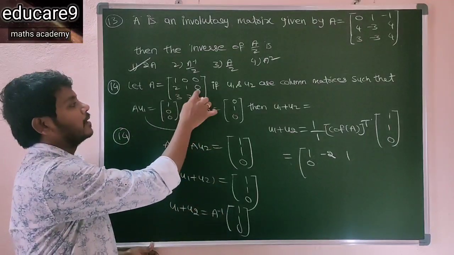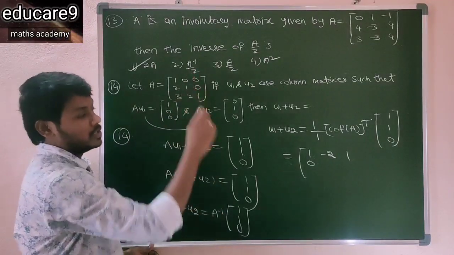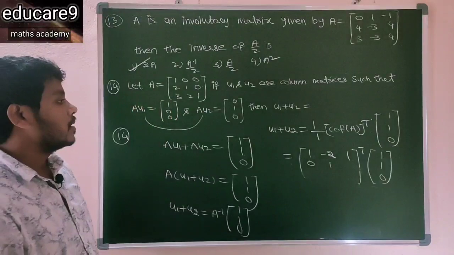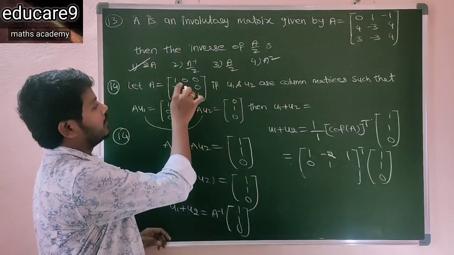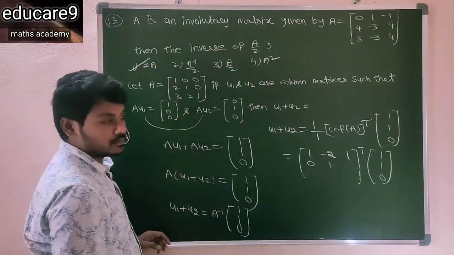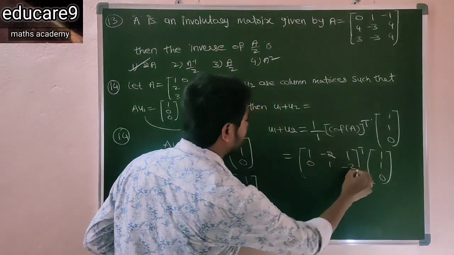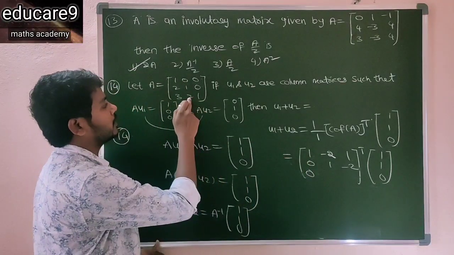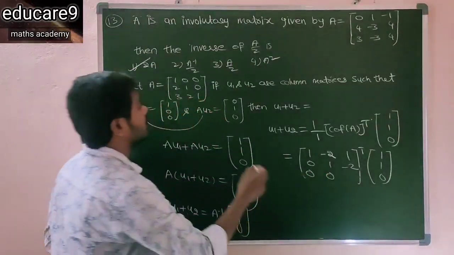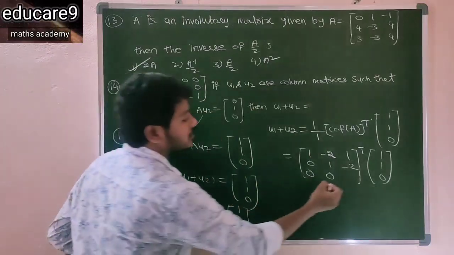Cofactor of 1, we will get 1 minus 0, 1. So next, the cofactor of 0, that is 2 minus 0, we will get minus 2. And the cofactor of 3 is 0. Cofactor of 2 is 0. Cofactor of 1.